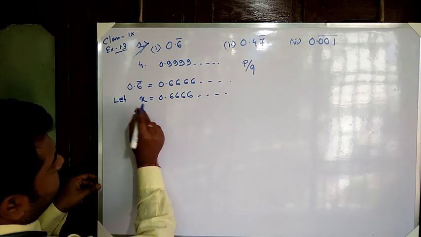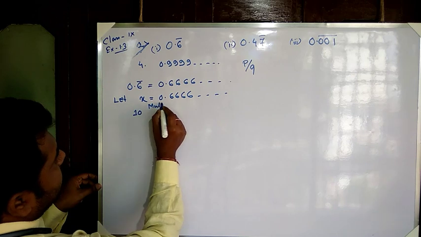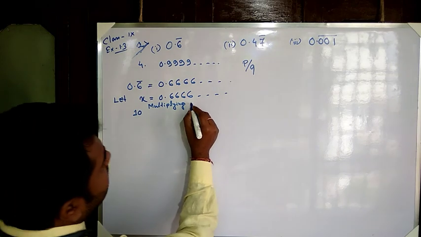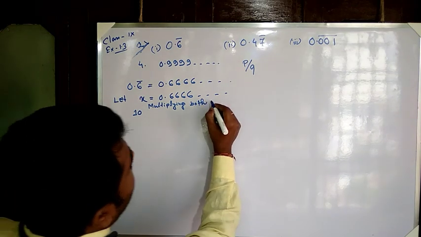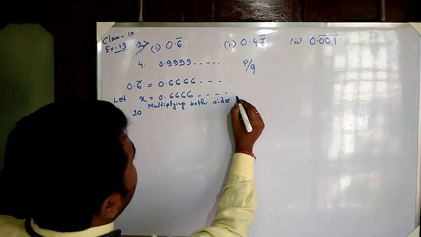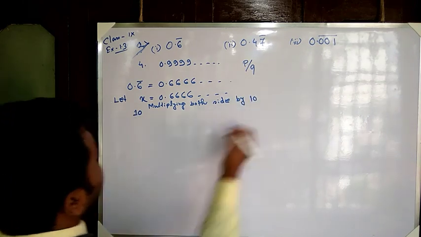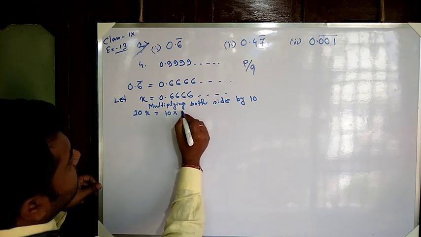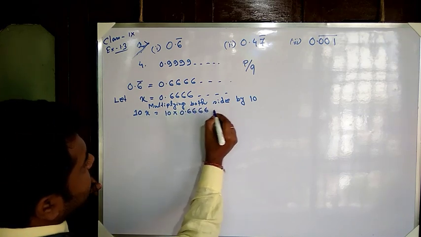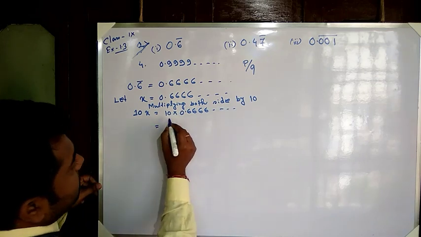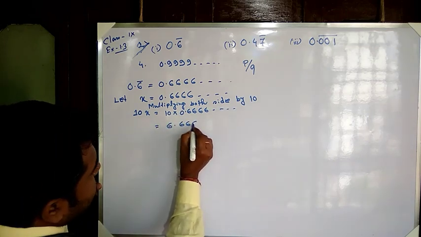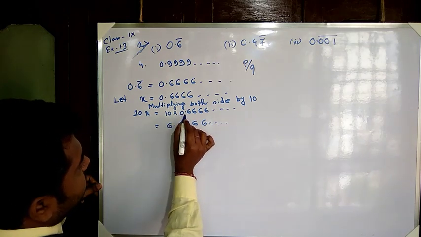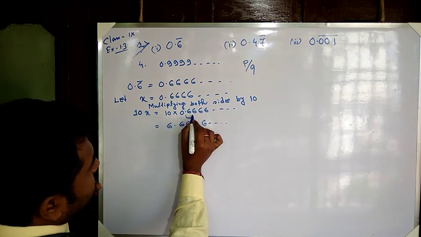So multiplying both sides by 10, 10x equals 10 into 0.6666 dot dot dot equals 6.6666 dot dot dot. You know that for 10 the point moves one place.